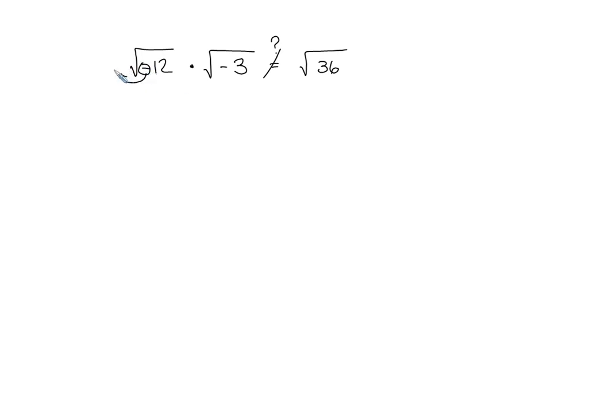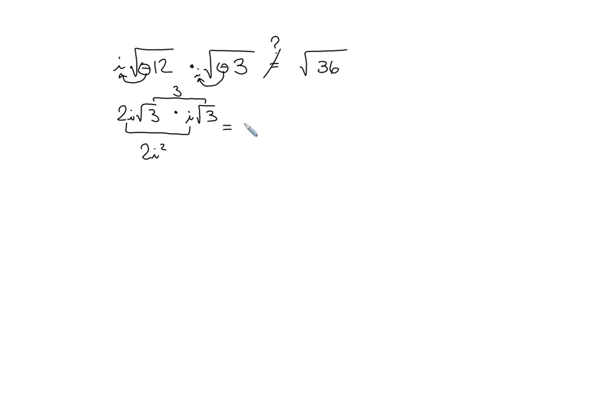This comes out as an i. This becomes 2i times the square root of 3, times this, which comes out as an i, square root of 3. Now to multiply these together, you multiply outside times outside. What is 2i times i? 2i squared. And what is square root of 3 times square root of 3? 3.